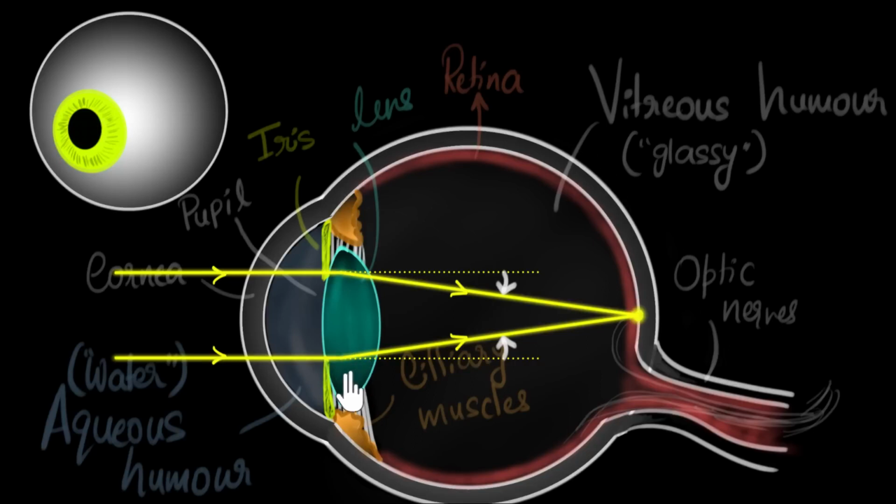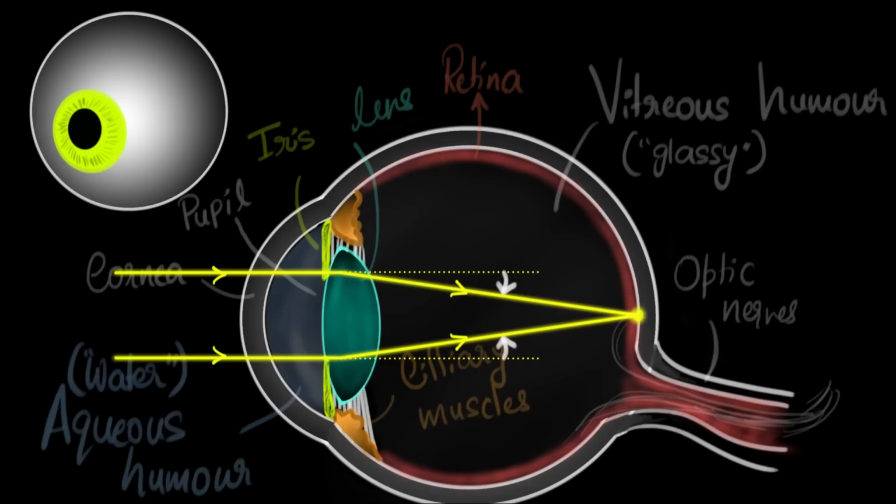So notice our eye should be able to change its power depending upon how far the objects are. And that is accomplished by these ciliary muscles. So when the object is far away, the required power is less. And so the required curvature of our lens is also less. In such case, the ciliary muscles will be relaxed like what's shown over here.